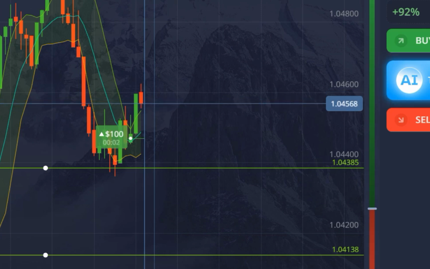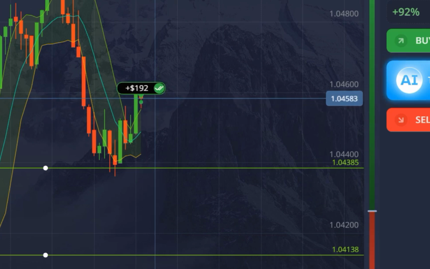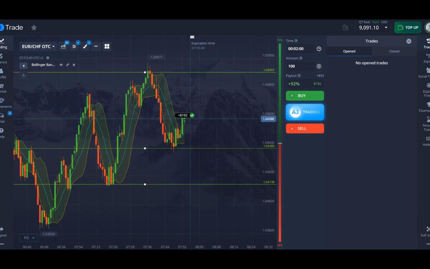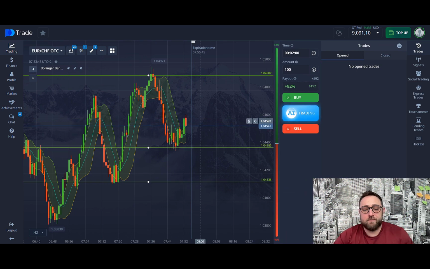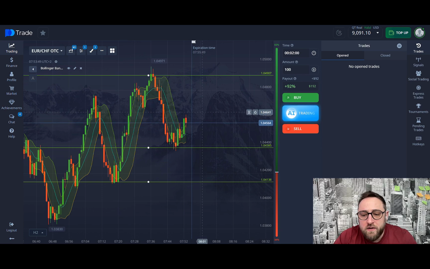No stress, just patience. So the price went confidently into the plus. Our trade worked, which shows the entry point very accurately.